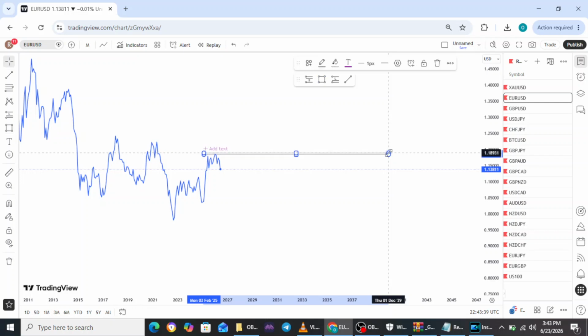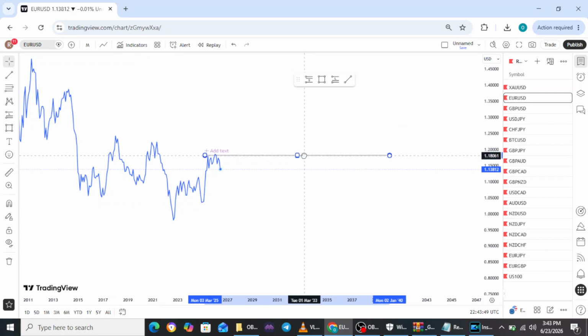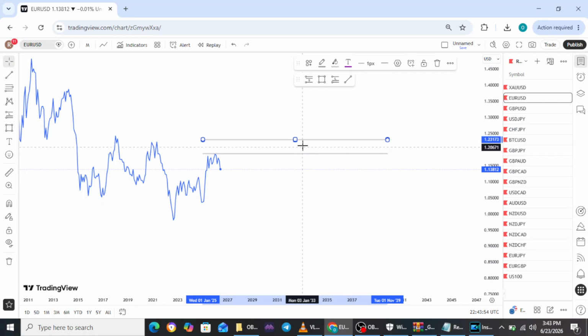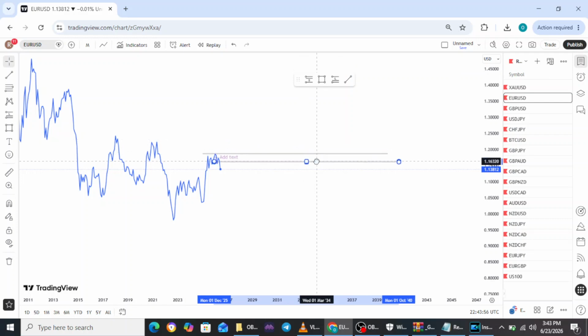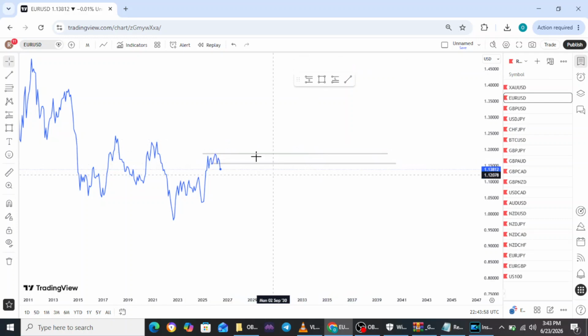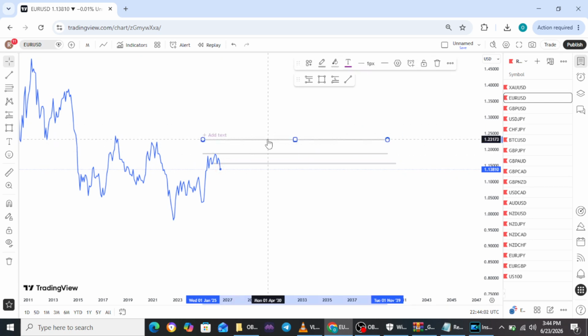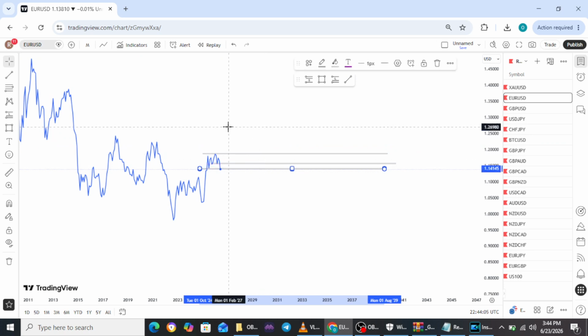Now you don't need to go back to history. Just focus on the closest because it's a monthly time frame. Now, if you are a newbie, this is the best way to get your structure accurately.